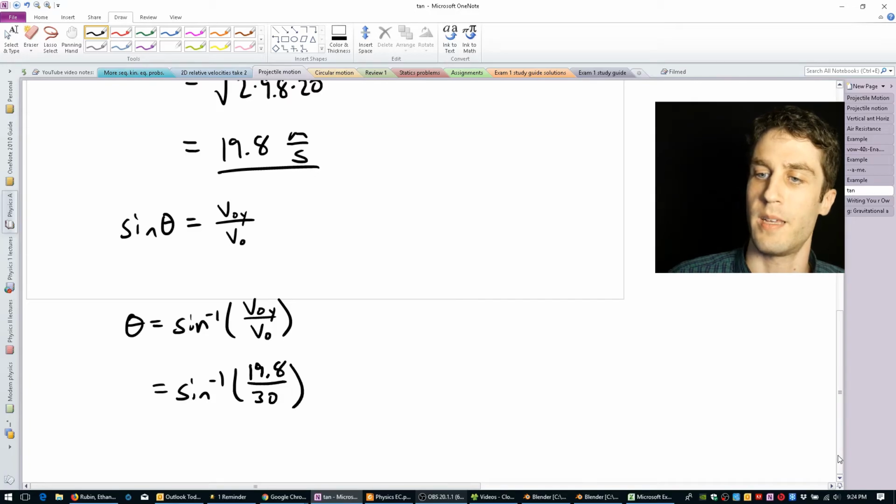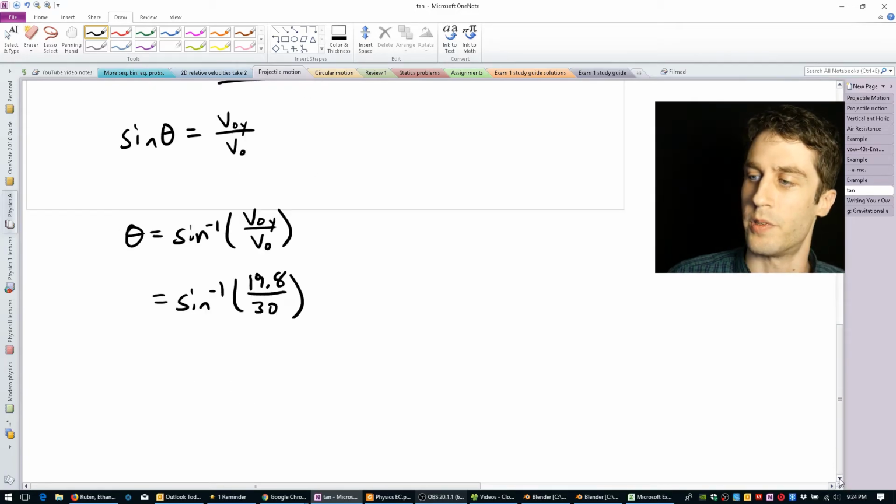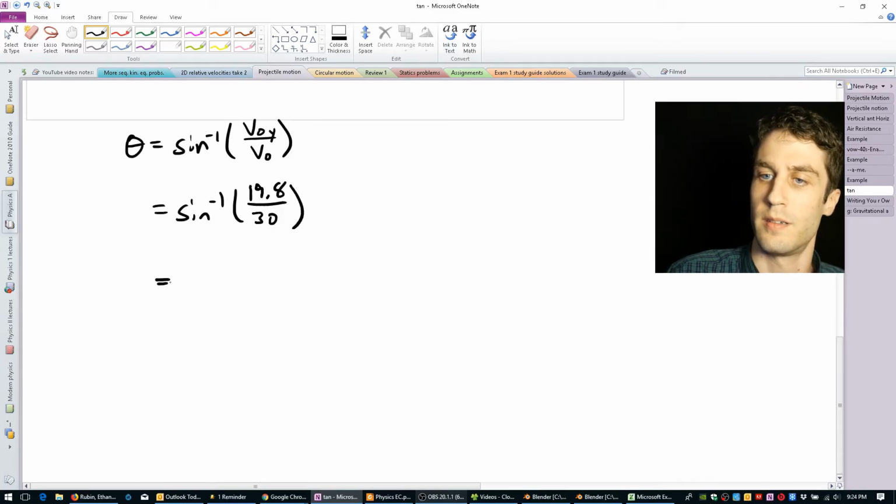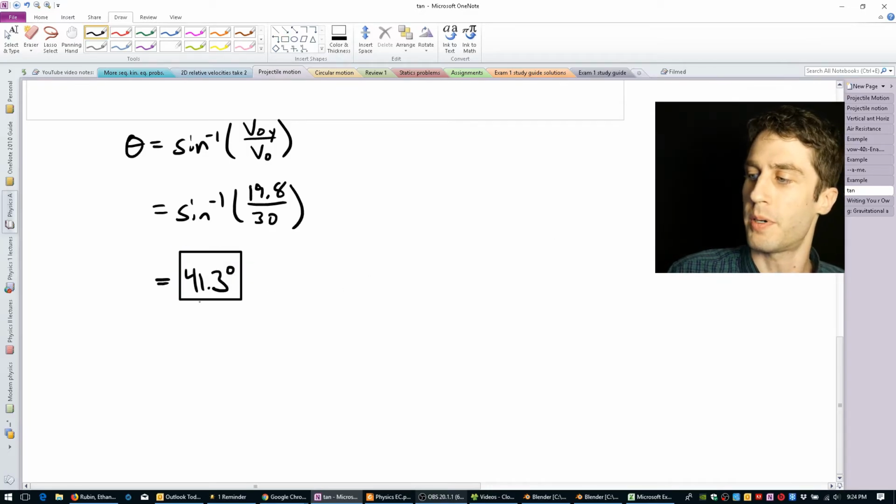And again, if I want to keep more significant figures, I should write 30.0. But the point is that what you'll get is 41.3 degrees. Okay, so that's part A. So we know that he has to fire it at 41.3 degrees. We don't know where he's standing, but we know that wherever it is, he's firing it at 41.3 degrees.